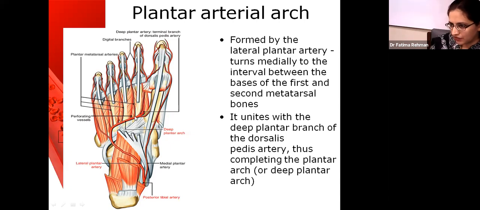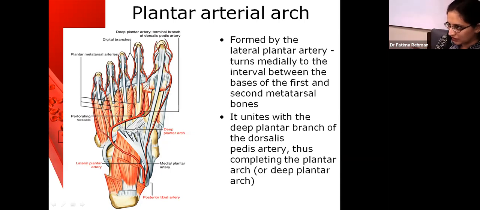Over that part, it is joined by the branches from the dorsal arterial arch. Just as the deep plantar artery was going into the dorsal arterial arch, similarly the dorsal arterial arch gives off perforating vessels.